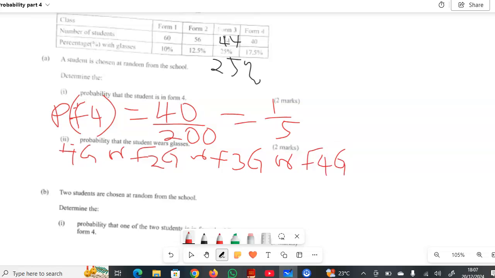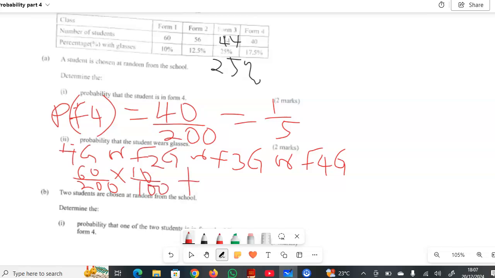So for Form 1 wearing glasses, first is the probability of Form 1. Form 1 is 60 over 200, the number of students in the school. Then wearing glasses is 10%, that is 10 over 100.